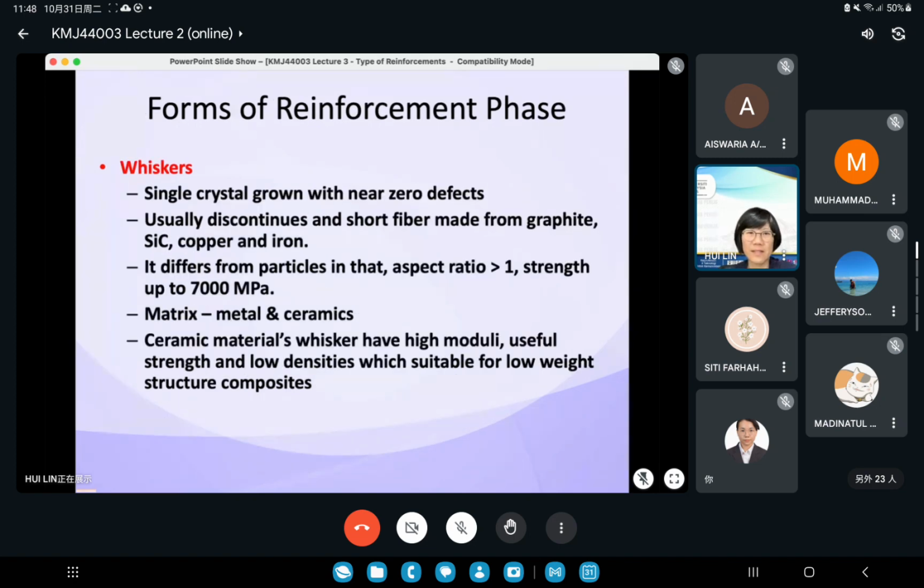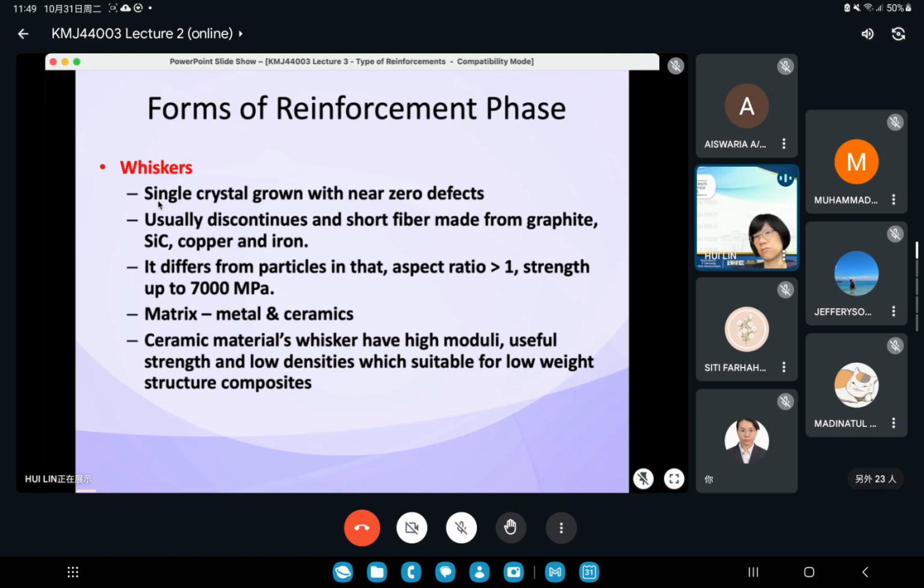Whiskers, which I mentioned just now, here we are talking about ceramic whiskers. You see, a single crystal grown with near zero defects. This is a ceramic whisker. We actually seldom use these ceramic whiskers because they are very expensive.